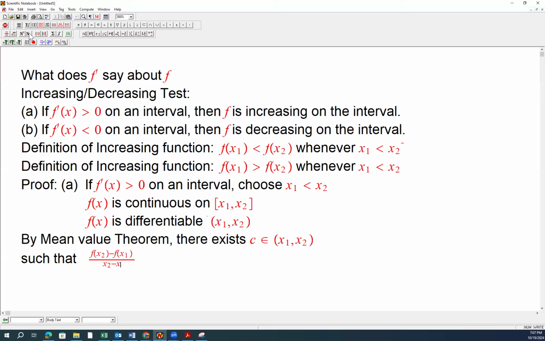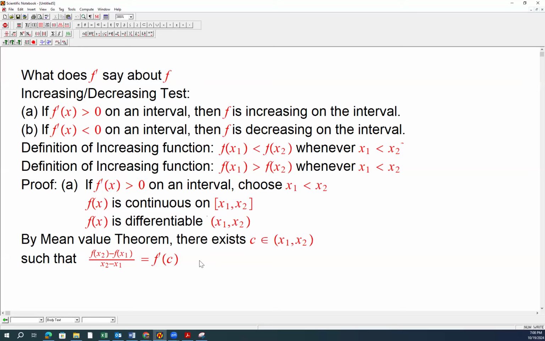If you don't remember that theorem, please look at your index card. And the derivative function at c is one of the values of the derivative function on that interval.